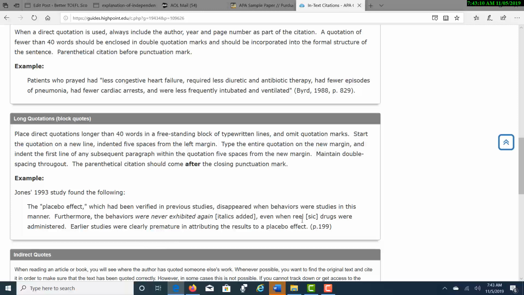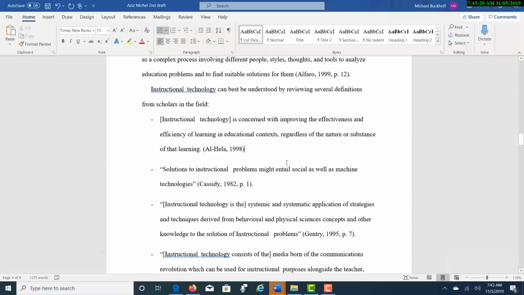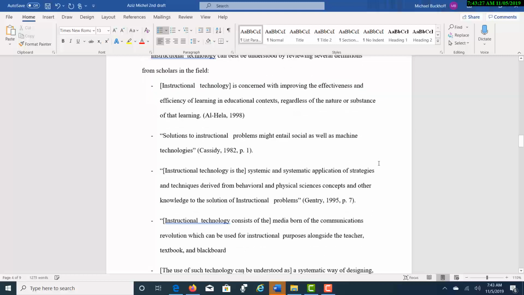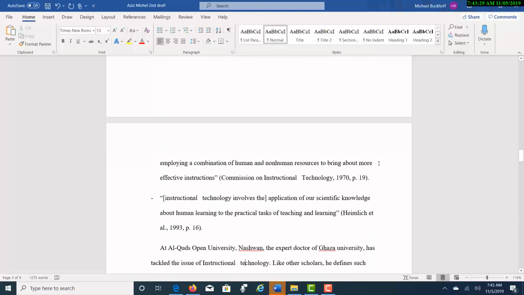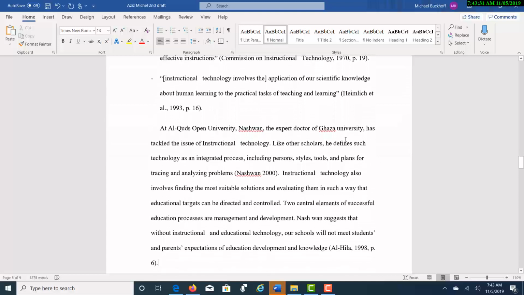You put this, this is what's called a longer quote, underneath it. So you can probably do it like that. That would be my recommendation on that. So you want to take all of these and do them similar to this. That's going to be more APA-type formatting. Okay, you can think about all those. Let's keep going.